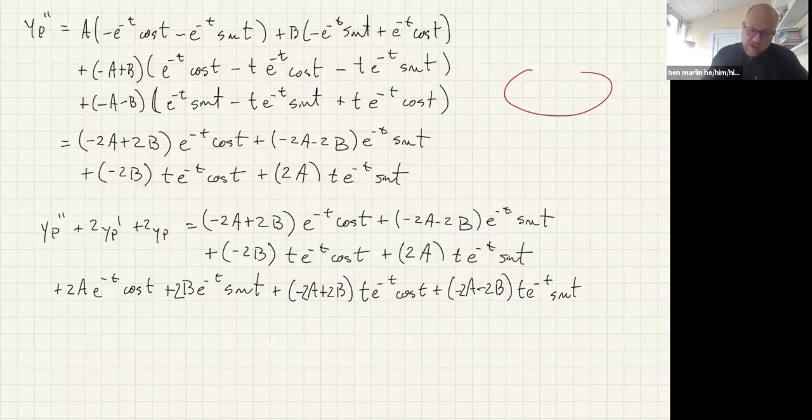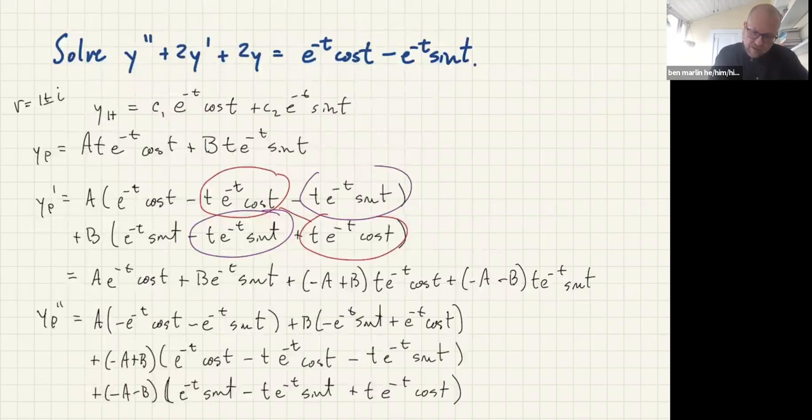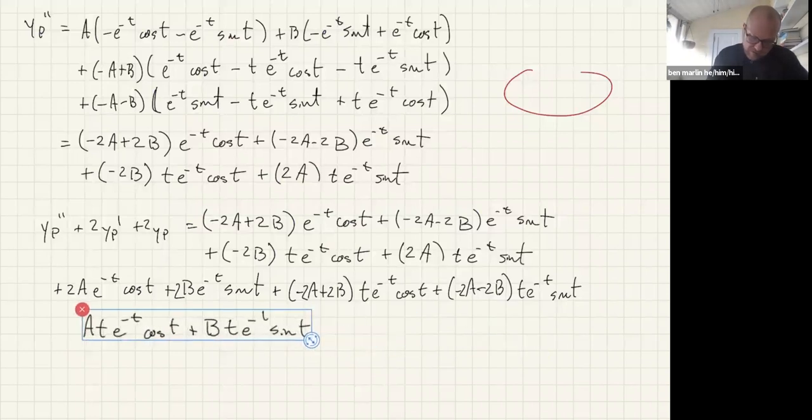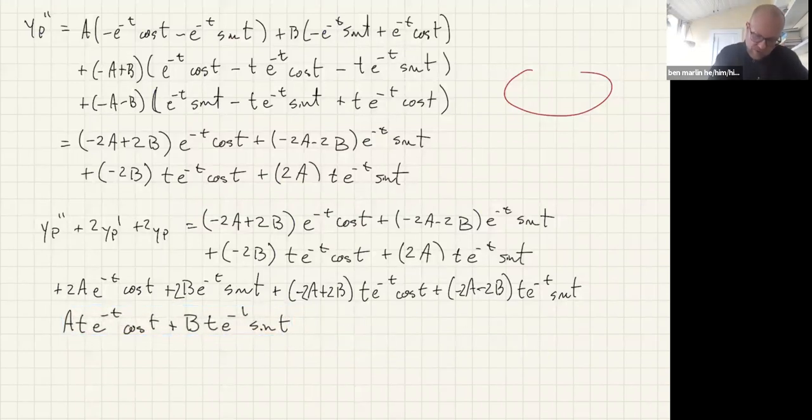And then plus 2 times the original, right? So coming back over here, y'all see it was yp double prime plus 2yp prime plus 2yp. So that means that we're going to have to get the original here as well and multiply it by 2. So paste it and put the 2's in it as well. And now we got to see what all we end up with.